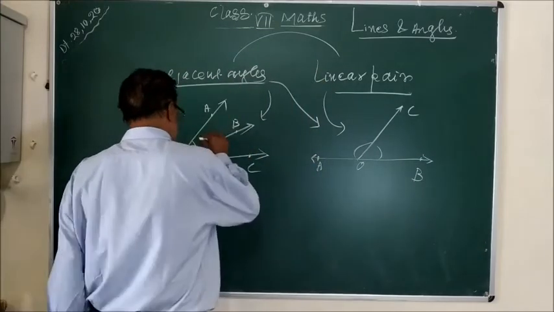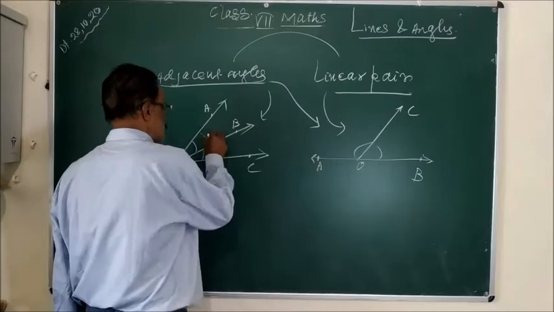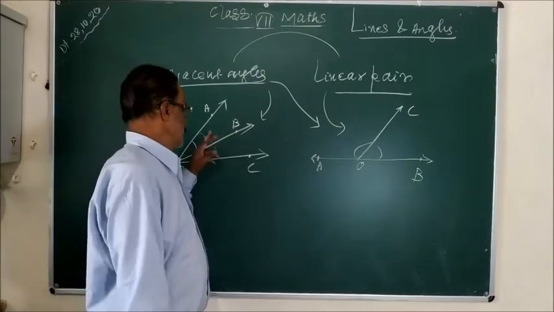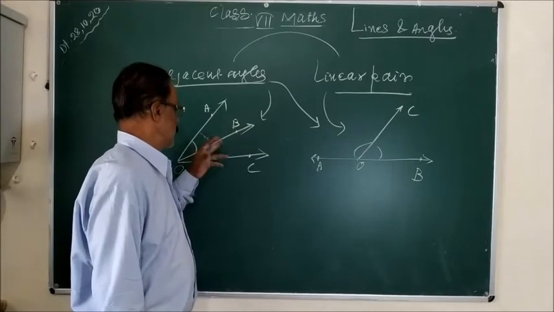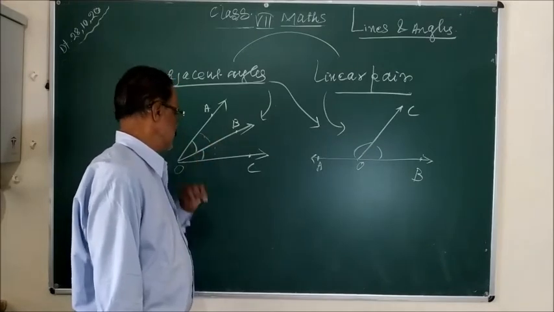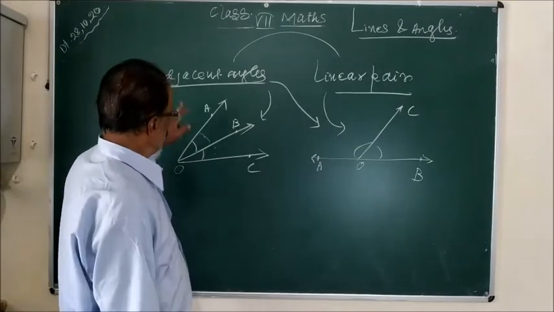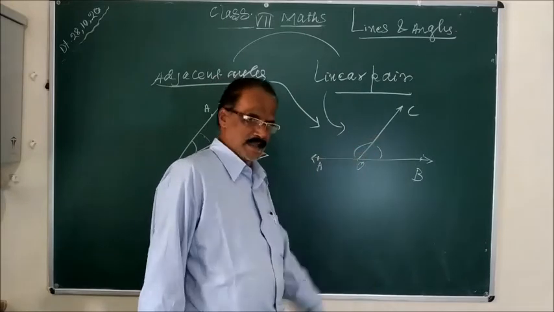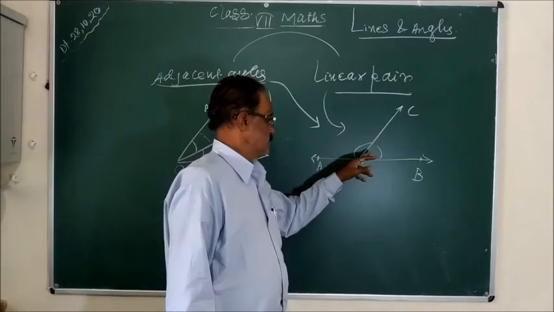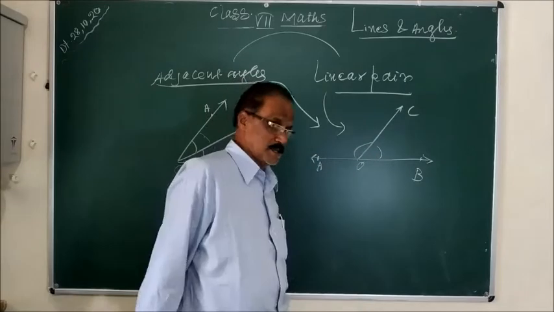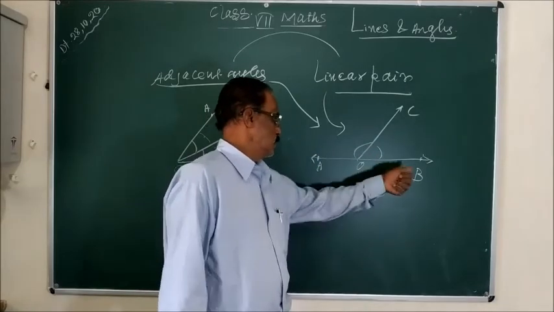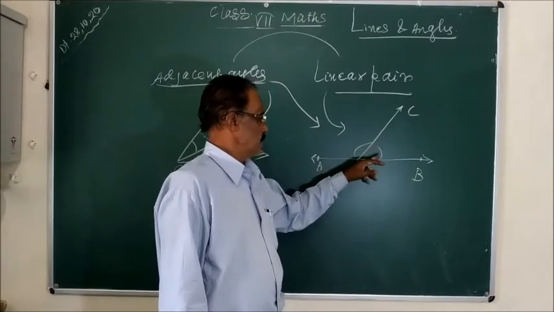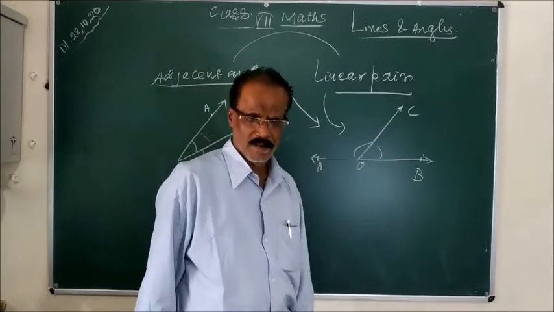But the interiors of these two angles have nothing in common. No part of the interiors is common, they are separate. According to that definition, this is also adjacent angles because one arm OC is common, OA and OB are non-common, and no interiors of these two angles are common.